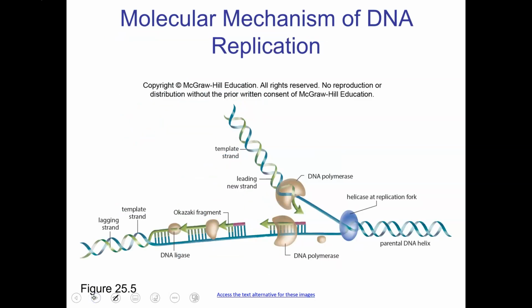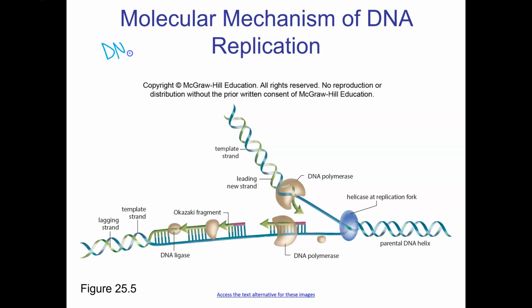So remember, the enzyme that did this is DNA polymerase. So here you can see DNA polymerase binding. DNA polymerase binds to the 3' end of the DNA only. So let me write that up here.